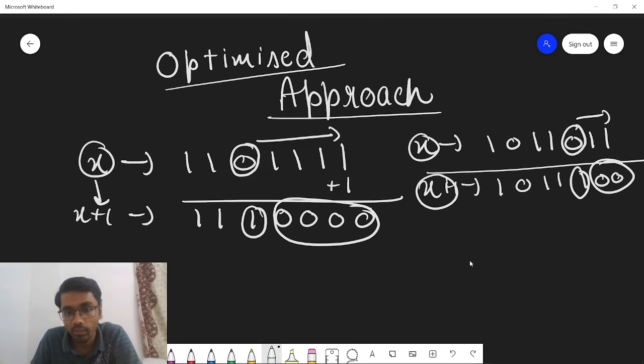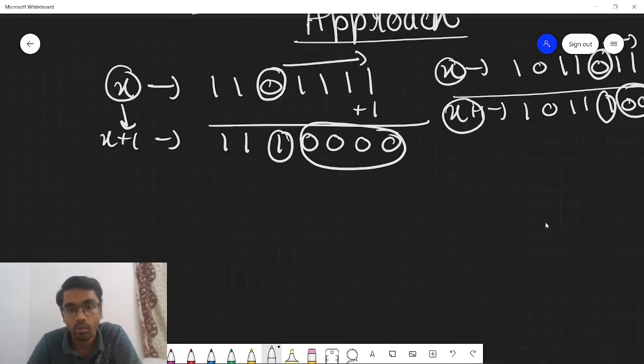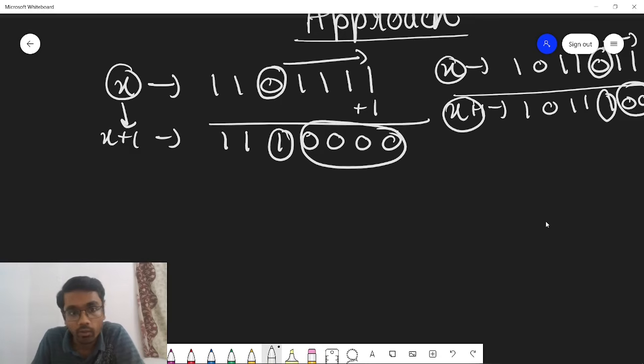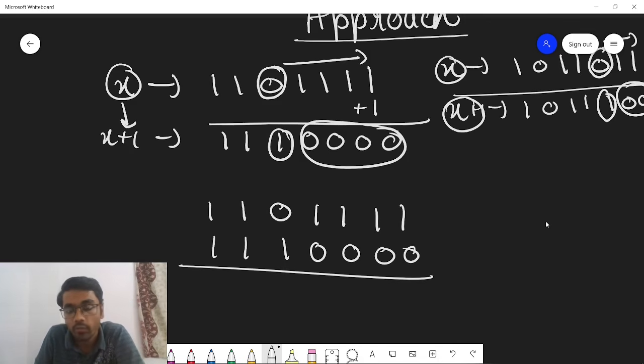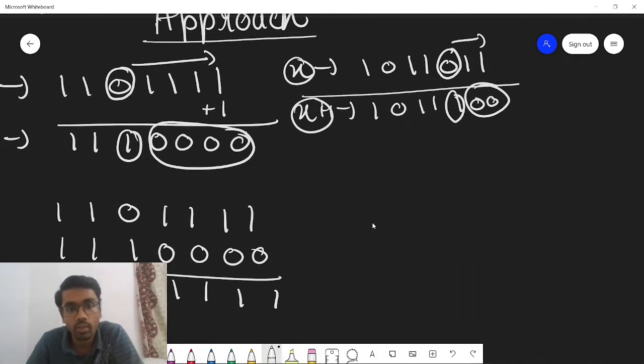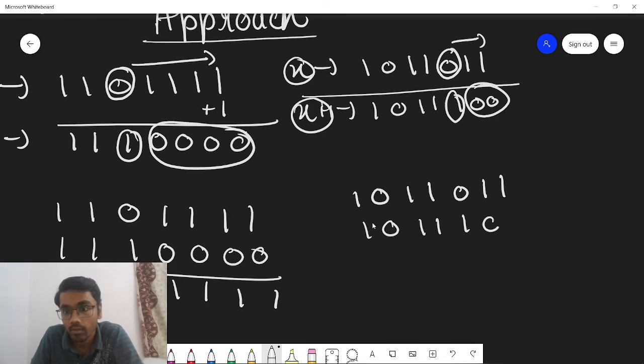Now what happens if we take OR of these numbers, OR of x and x plus 1? So let's say this is the x value 1 1 0 1 1 1 1, and this is the value of x plus 1, 1 1 1 0 0 0 0. If you OR this, you get the result 1 1 1 1 1 1 1. Okay, let us do the same for this x and x plus 1. In this, x is 1 0 1 1 0 1 1, and x plus 1 is 1 0 1 1 1 0 0.